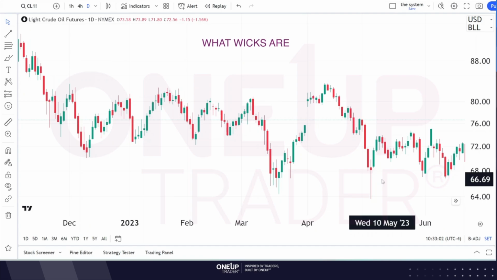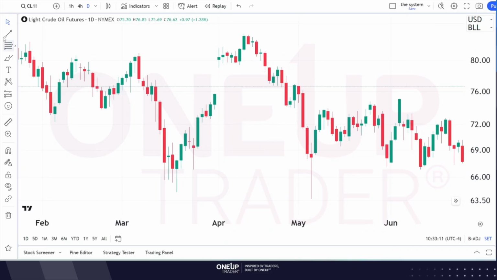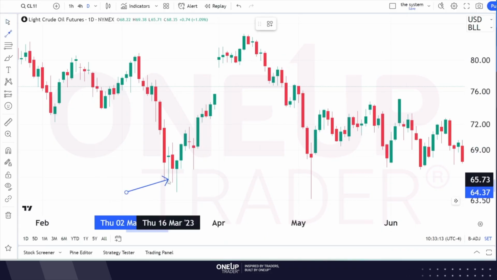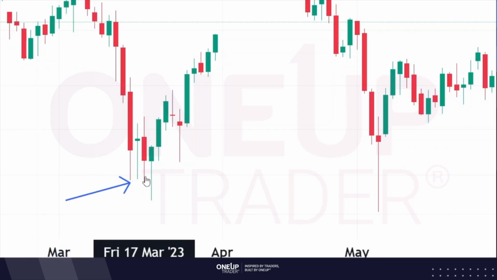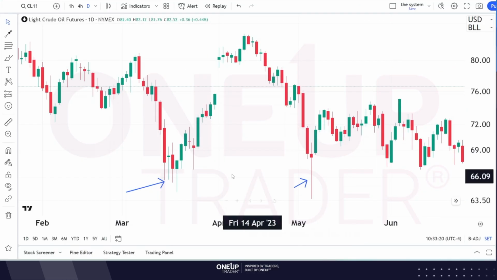The wicks are just showing us what the extremes are for that market at specific time intervals. If we look at this chart, we can see on the left that there are a couple of wicks to the downside before an uptrend occurs. And then we have a really big wick over here.